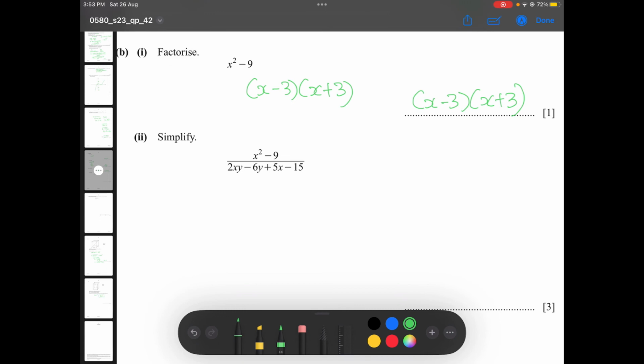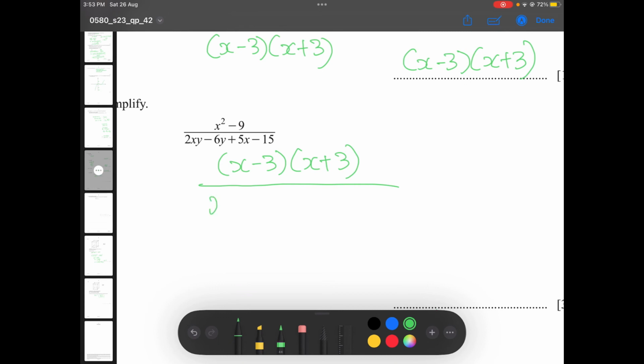So you're asking us to simplify. Now we have already factorized x squared minus 9 as x minus 3, x plus 3, over 2xy. Okay, so here I think we can factor out y, 2y, x minus 3 plus 5, x minus 3.